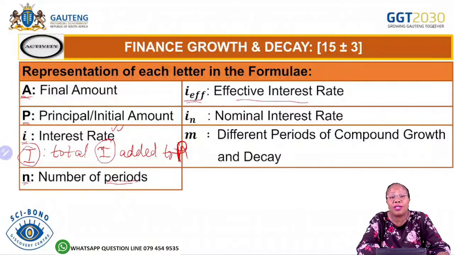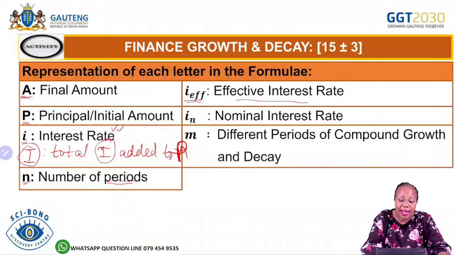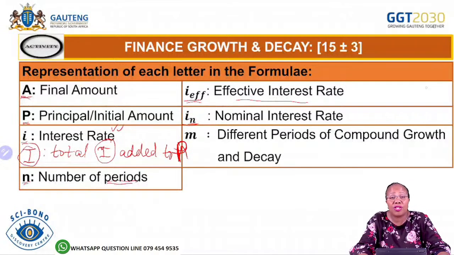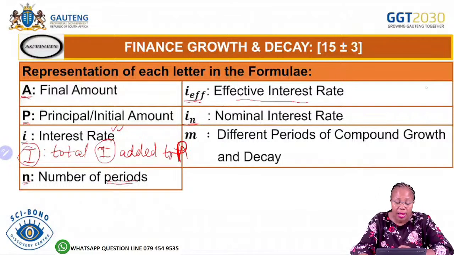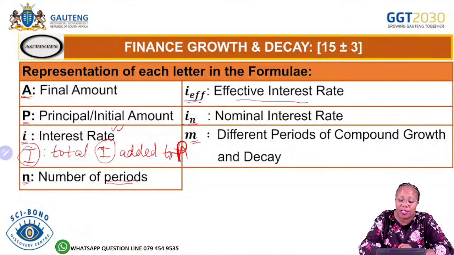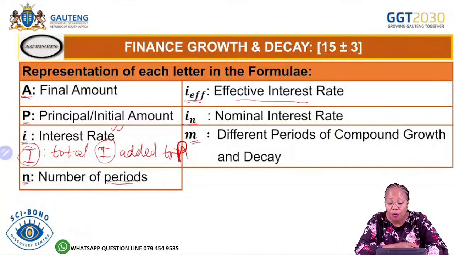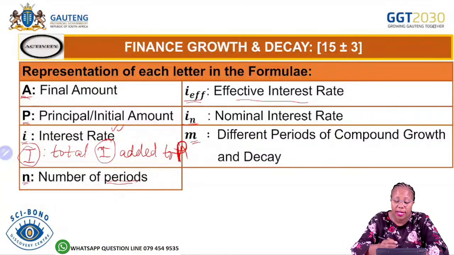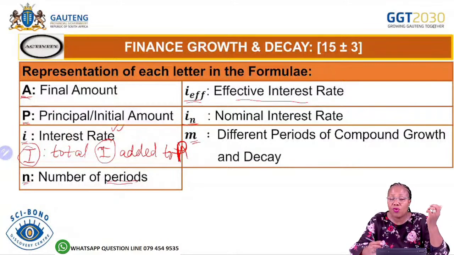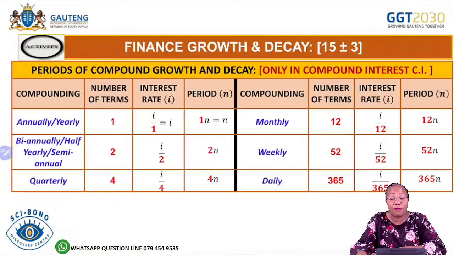This is also in percentages. And then i nominal, i n indicate the nominal interest rate. On your formula sheet, they've just indicated i. You must know it is for i nominal. And then m is for the different periods of compound growth and decay. Remember, we can compound quarterly, semi-annually, half-yearly, daily, monthly, and so forth.